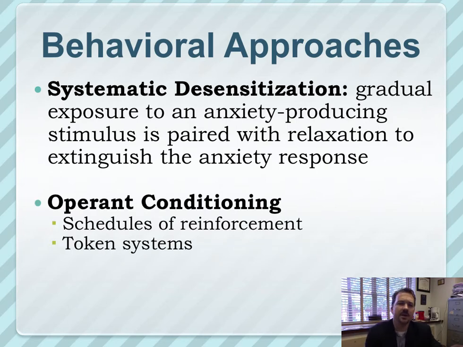So a lot of these aspects of behavioral approaches involve operant conditioning, as I mentioned. So various schedules of reinforcement that I discussed in the learning topic, and token systems as well. These tend to be very useful in combination with some of these other techniques, or by itself. Token system, very powerful. It's based on schedules of reinforcement. It's not necessarily a gold star, but for adults that's probably not going to work very well.